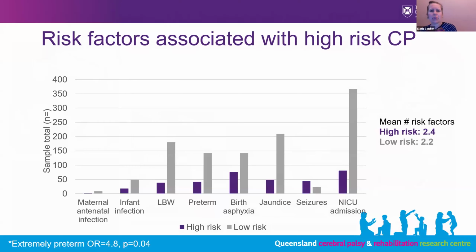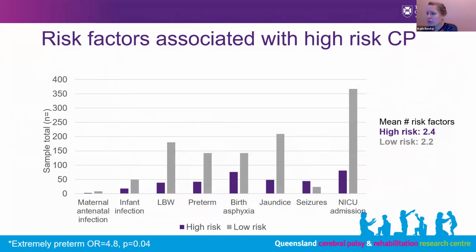This is just a little bit of data. I won't get you bogged down in it, but this was data from our 800 babies in the first LEAP India trial. And this isn't all of the risk factors that we recorded, but they're the most frequently reported ones. And you can see in purple is the absolute number from the high risk of CP group, and in grey, the low risk of CP group.